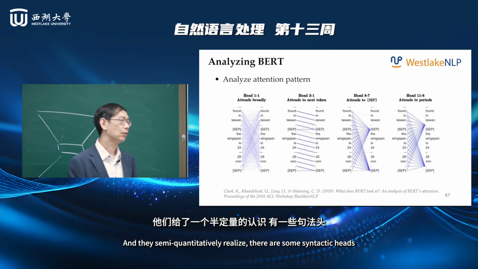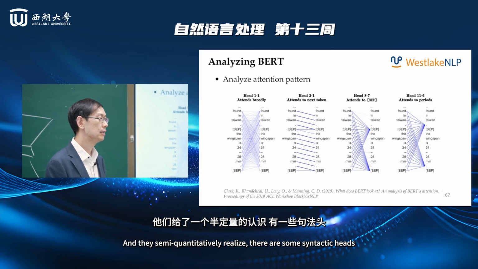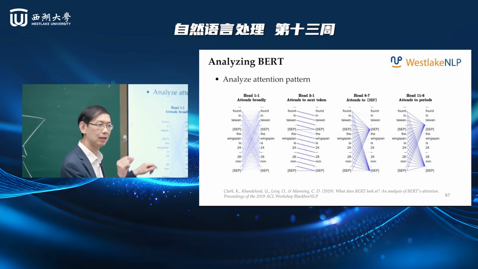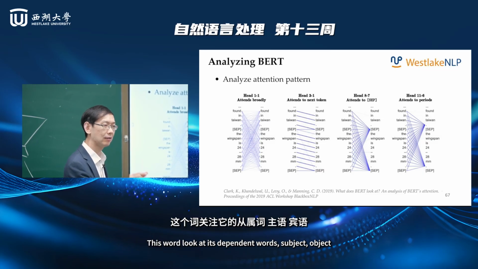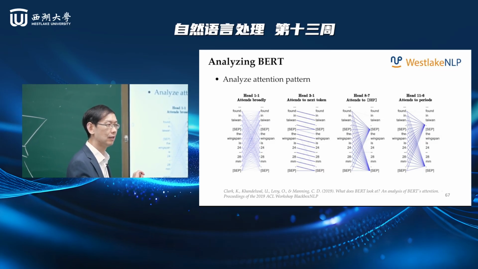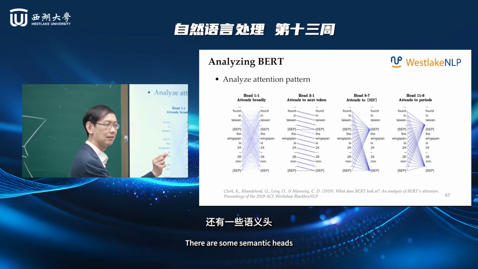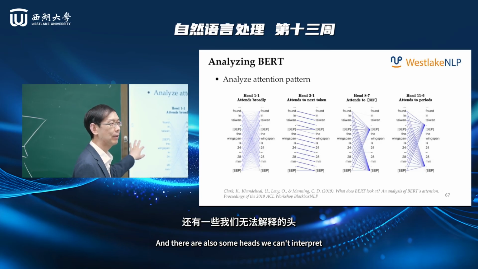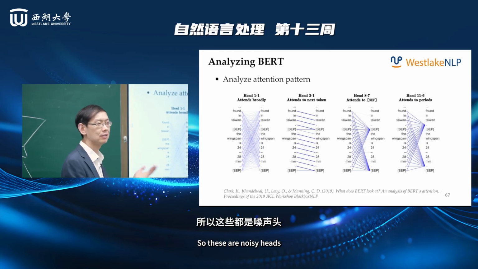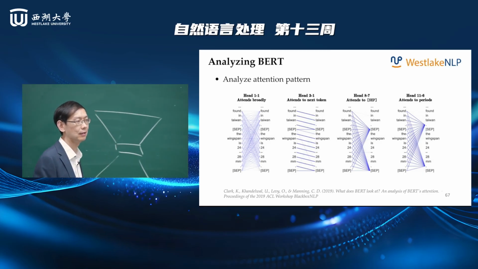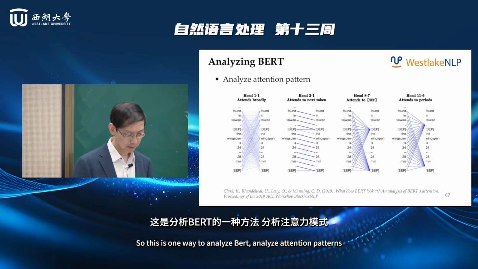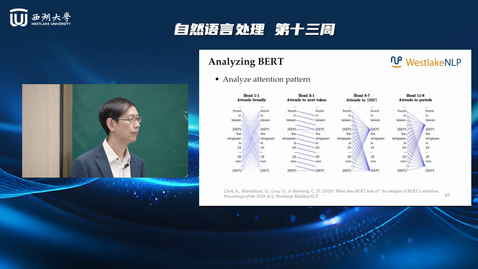And they quantitatively realize there are some syntactic heads, where a word looks at its dependent words, subject, object. There are some semantic heads, which seem to be taking the predicate argument structure. And there are also some heads we can't interpret. So these are noisy heads, okay?